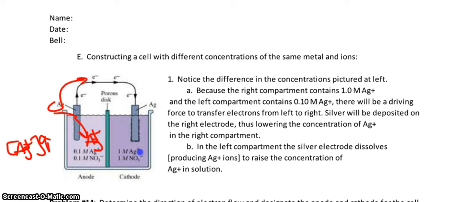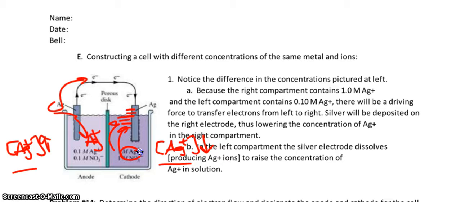And now the electrons are being deposited on the silver metal, which means the ions in solution are actually going to plate out. And so on this side, the silver ion will actually decrease. And at what point will the silver ions increase, and at what point will the silver ions on the other side decrease? Well, you might take a wild guess. It's when these two concentrations end up being equal that it will stop.